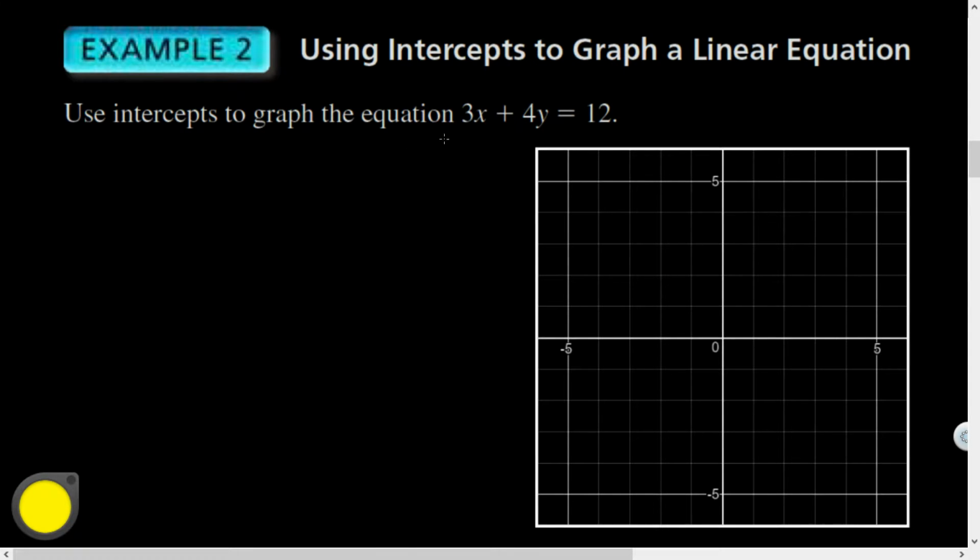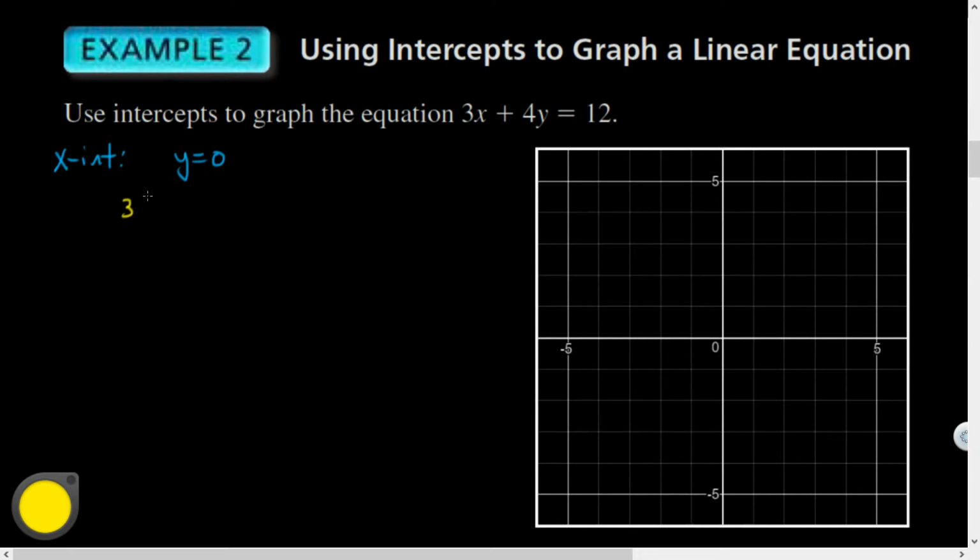Okay, so here's my equation. I want to find the x-intercept. I'll make that blue this time. I know that the x-intercept occurs when y equals 0. And y equals 0 means I can plug in 0 for y.